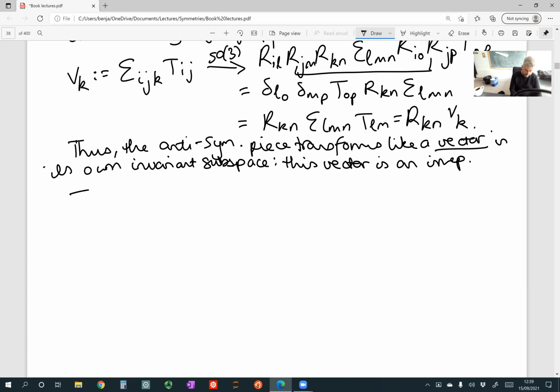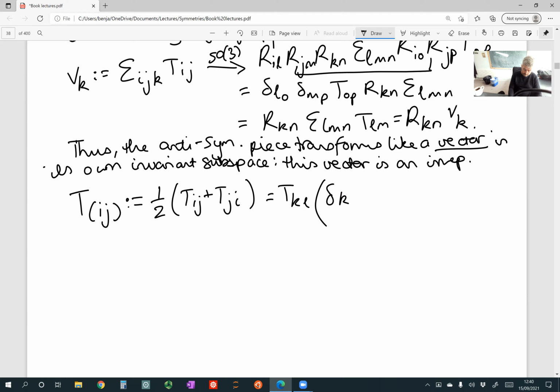So what we're going to do is form the symmetric combination under the indices of Tij. So this is defined to be a half Tij plus Tji. Okay, so I can write this in terms of Kronecker deltas.